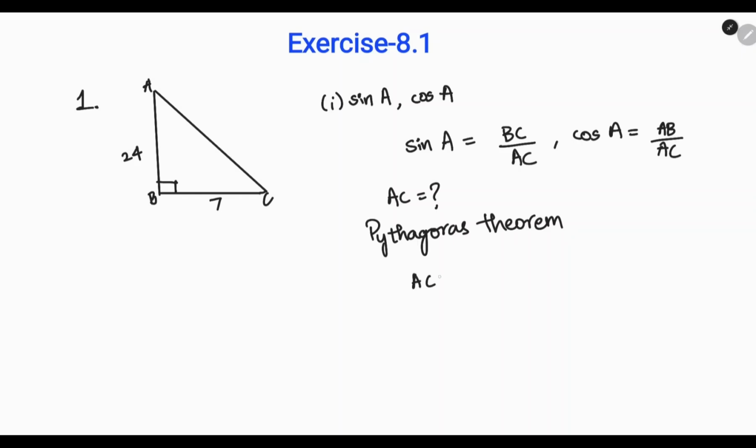From this, we get that AC square is equal to AB square plus BC square. So that would be 24 square plus 7 square. From this, we get AC is 25.